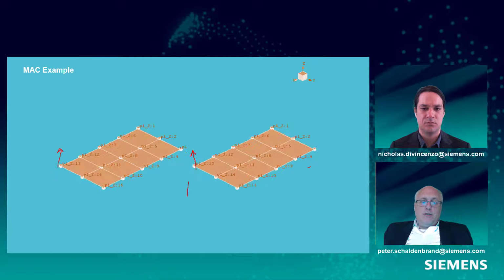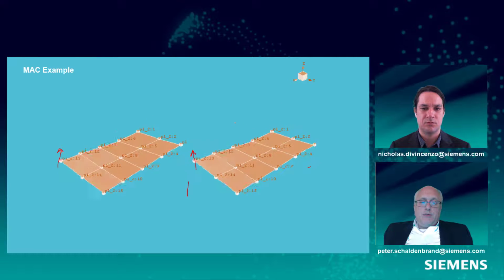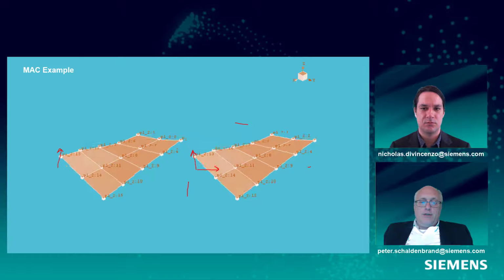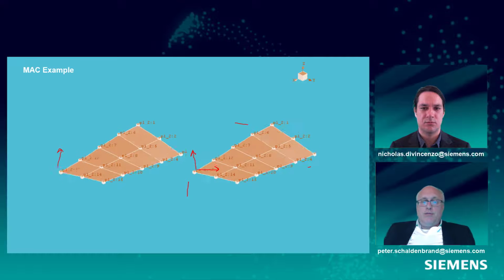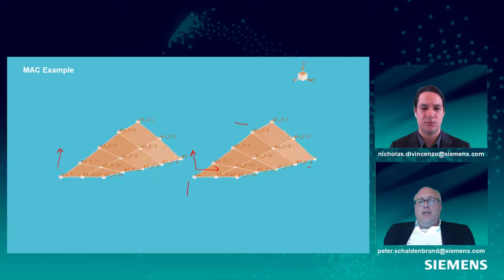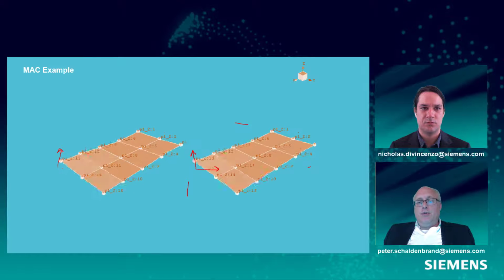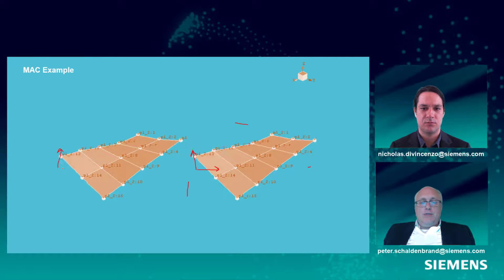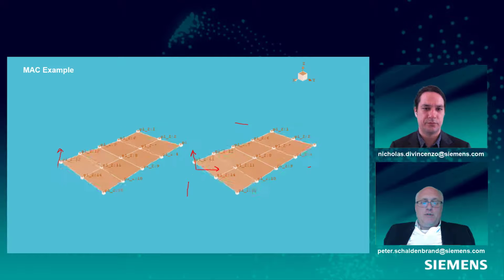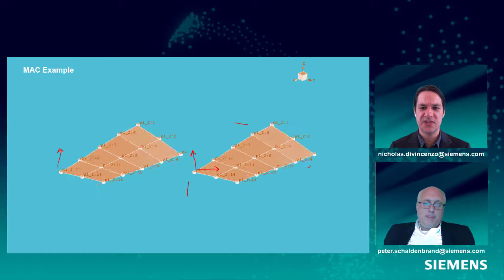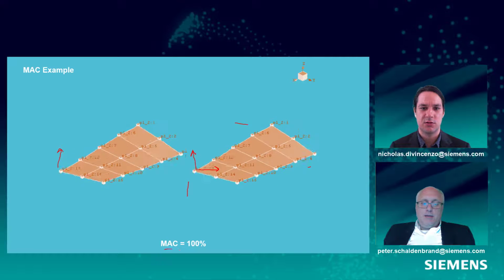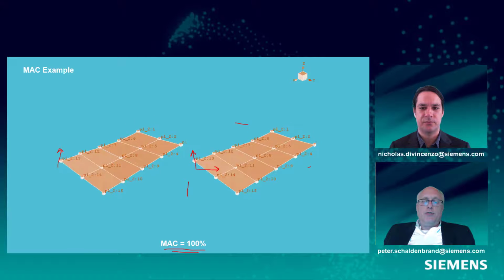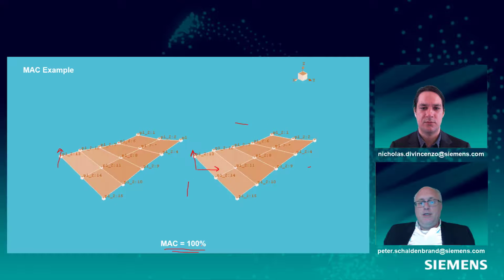If one of these vectors was orthogonal to the other, like this, at the same point on the structure, then the dot product is 0. And in this case, if we were to look at all the points, are they all moving the same from the mode shape on the left versus the right, Nick? I would say yes. They all appear to be moving in the same direction. Yeah, then we would have a modal assurance criterion of 100%.